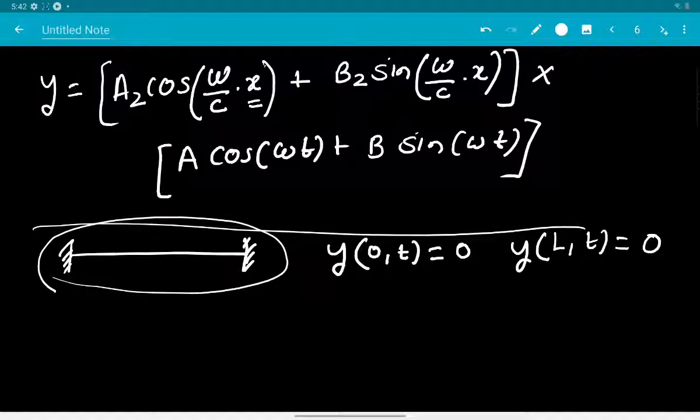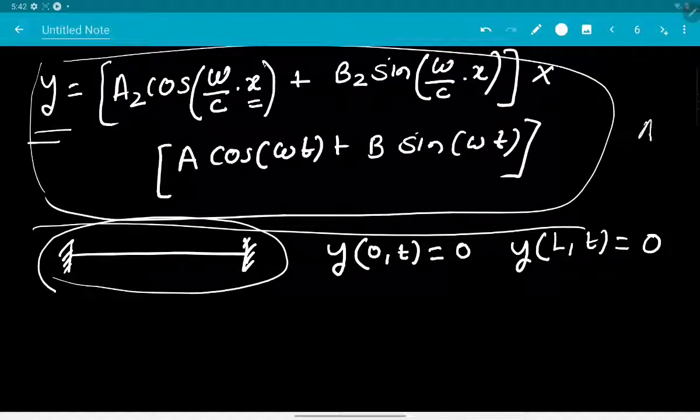What we'll be doing is looking at this expression of y and evaluating it for x equal to 0, for all time t.